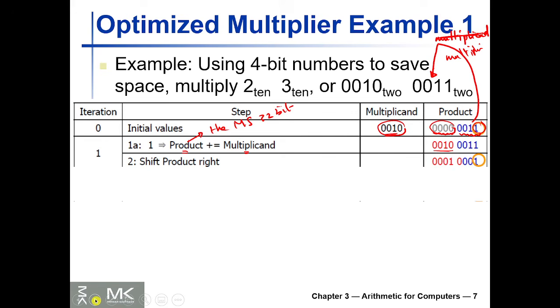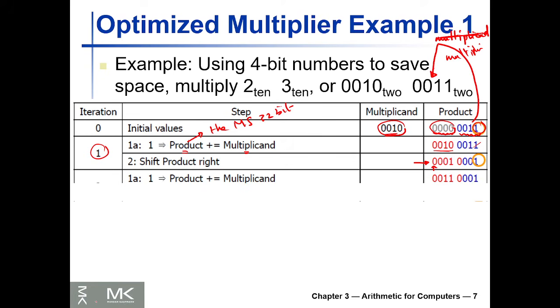The second internal step of iteration 1: we shift right the product, adding 0 here, so of course this one will disappear.